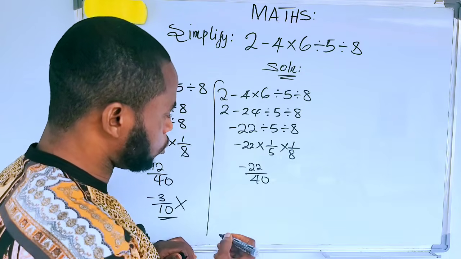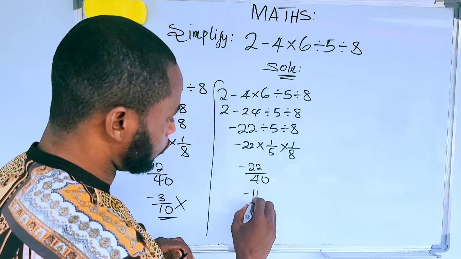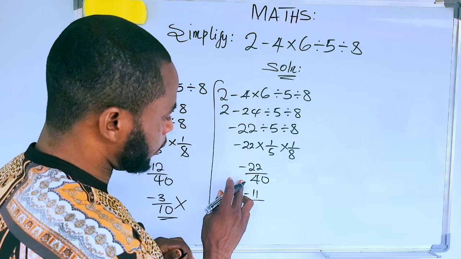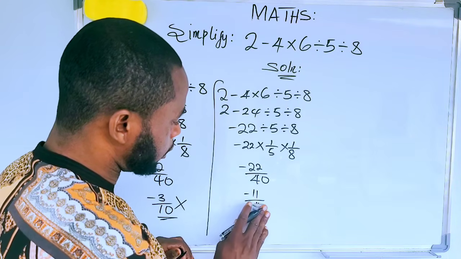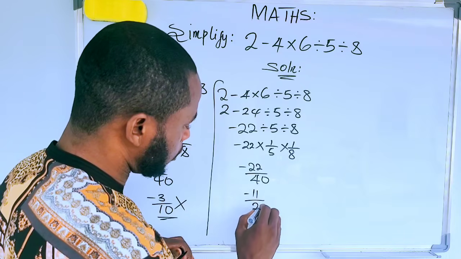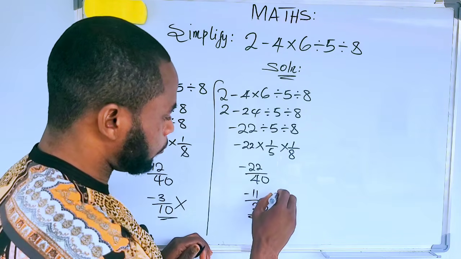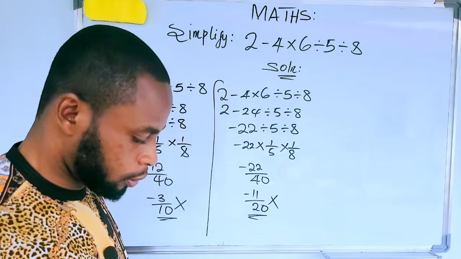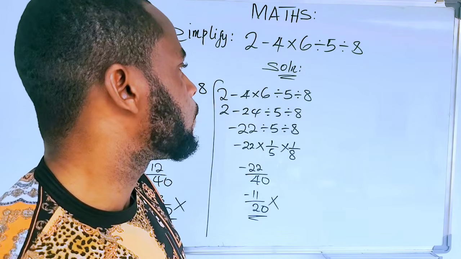If you do that, you're going to have minus 22 divided by 2, that gives minus 11, divided by 40 divided by 2, that will give 20. We have 20 here. But this answer is wrong. And as such, this is still a wrong approach of solving this.